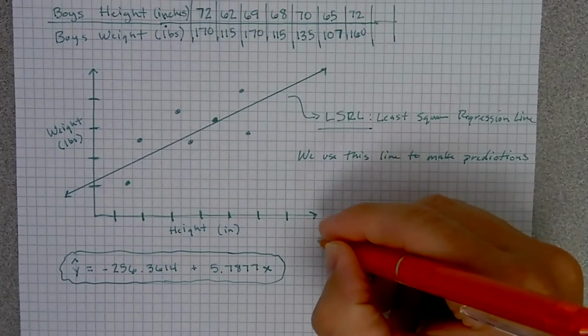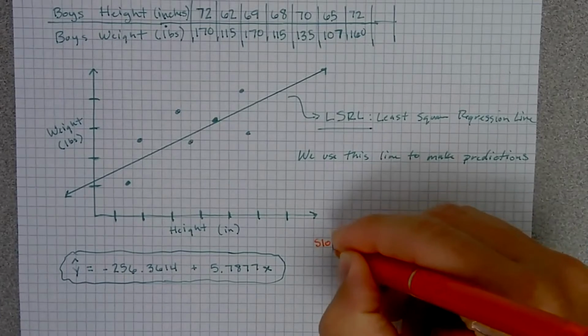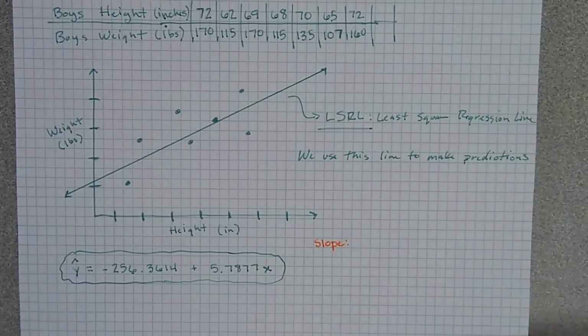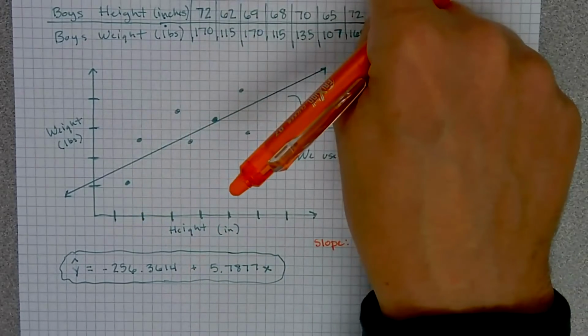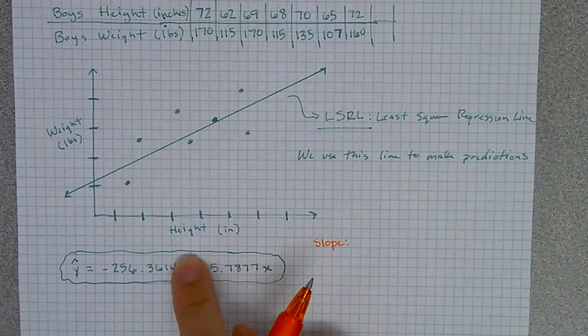So now if we want to talk about the slope in context, it says for every 1 unit increase in our x variable, well, that's our height.